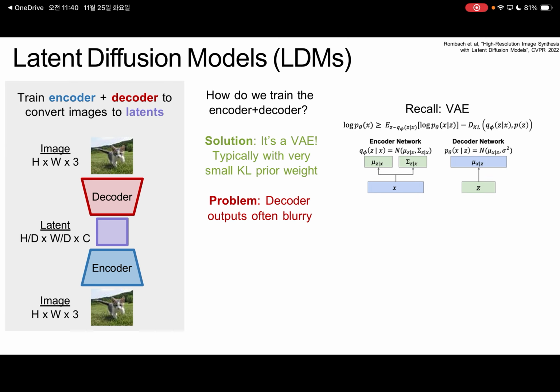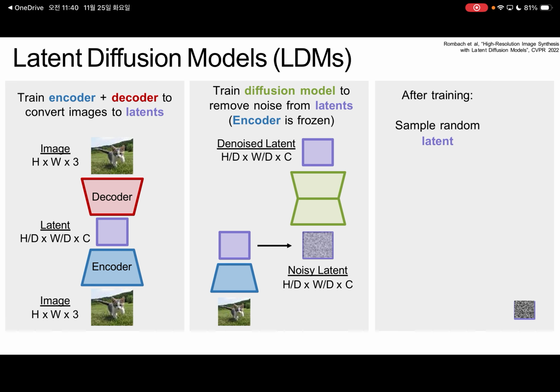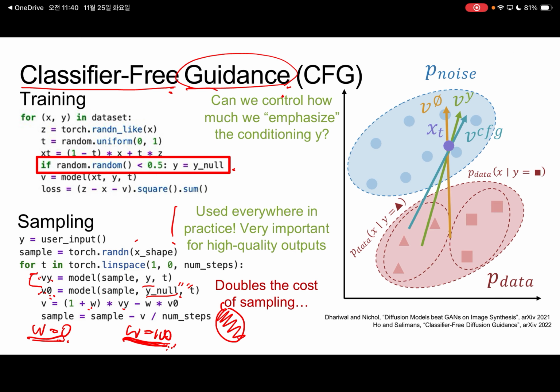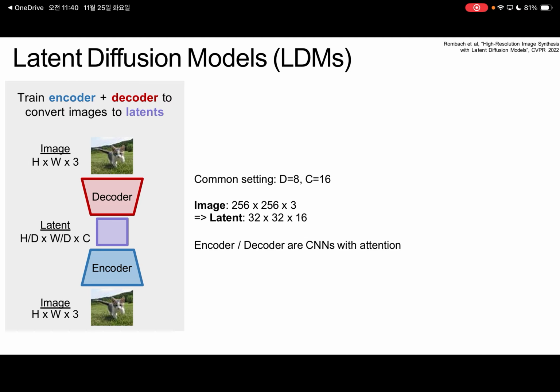Let's quickly do this. A latent diffusion model is like this: we actually start with the image and add noise to the image, but in practice, people use an encoder and decoder. We use the encoder to encode the image into some latent feature, and then we decode the latent feature to an image.